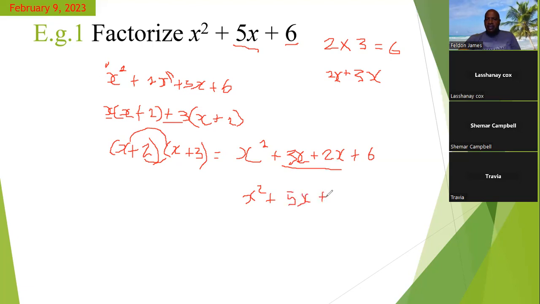So you notice here, if you multiply out the brackets or the factors that you get, you should get back what you started off with in the question. So what really happened here is that this expression is the product of these two factors. When you multiply out these factors, you get a product of x squared plus 5x plus 6.